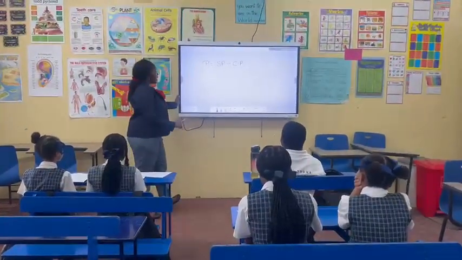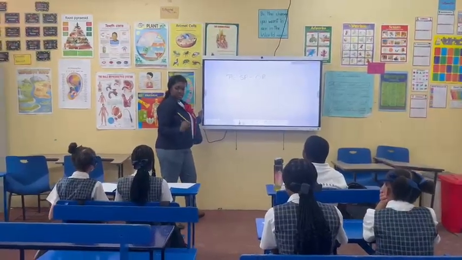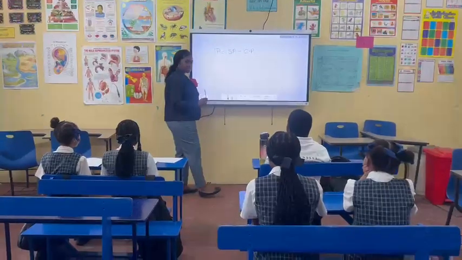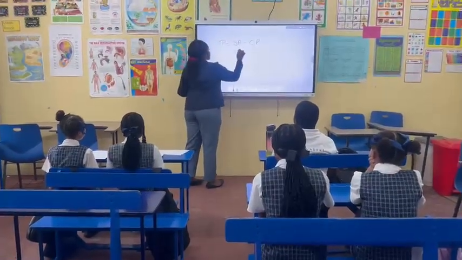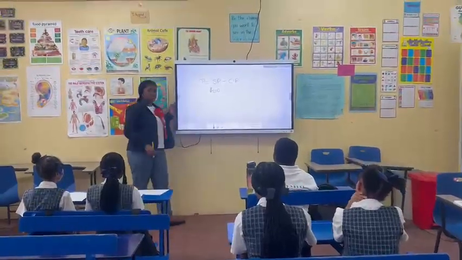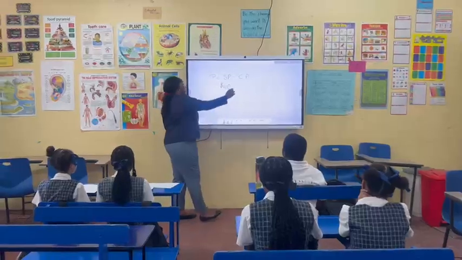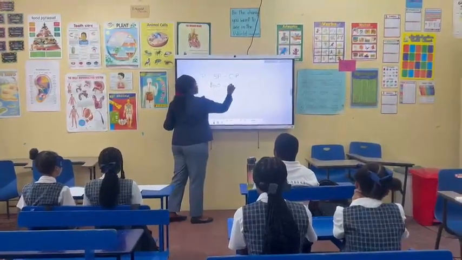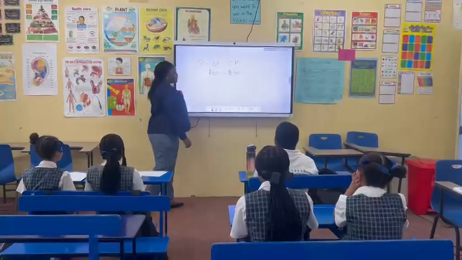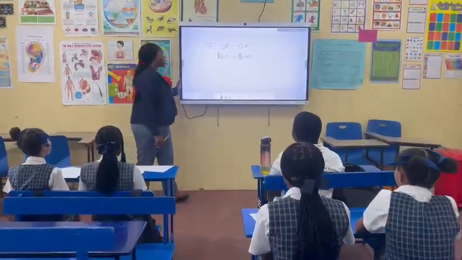Now, in the instance that we just used, the selling price was, anybody can tell me what the selling price was? $60, because that was the amount of money that I sold the piece of gum for. And the cost price would be $40 because that was the amount of money that I purchased the gum for.